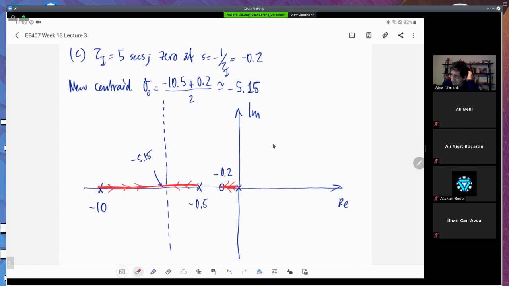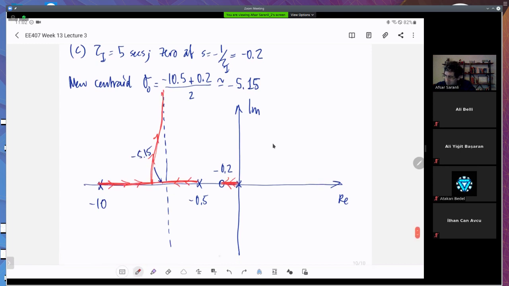May not be exactly at the centroid, so let's sketch it like this. So it's gonna start from, or breakaway here. Sorry, it's gonna have something like this. Okay.